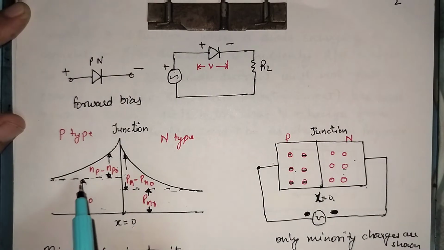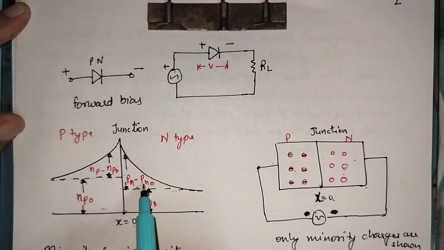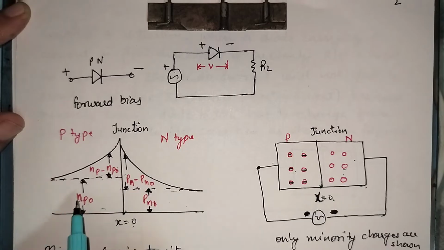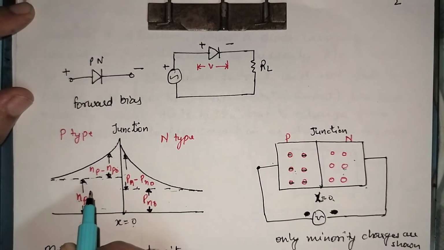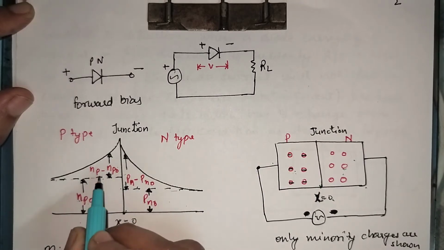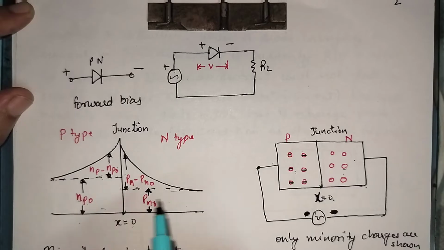Now we can say that this is the excess charge that is stored in both the regions due to forward biasing. Now if we bring the switch to the off condition, meaning forward bias to reverse bias, we have to remove this excess charge to bring the switch to the off condition.